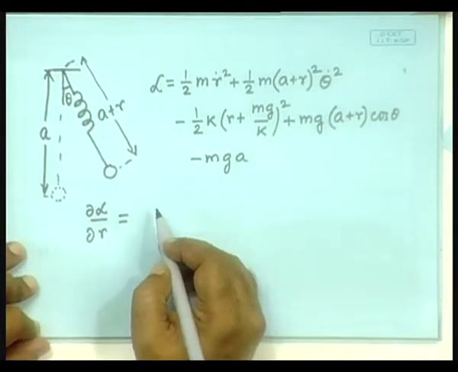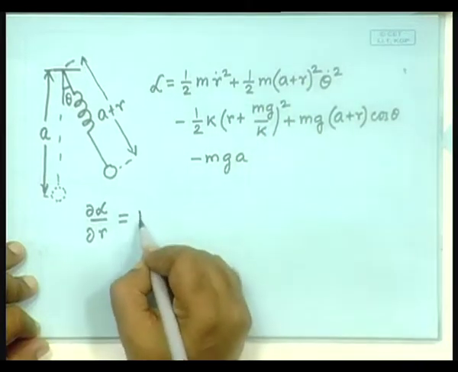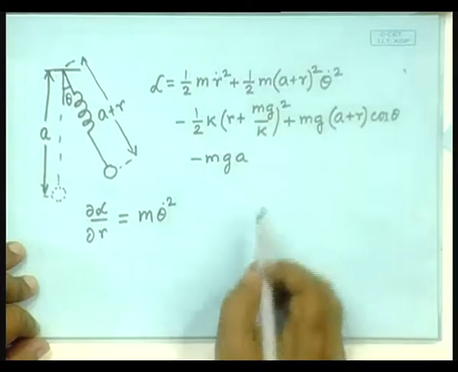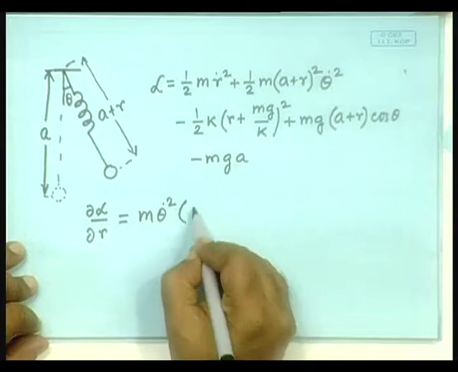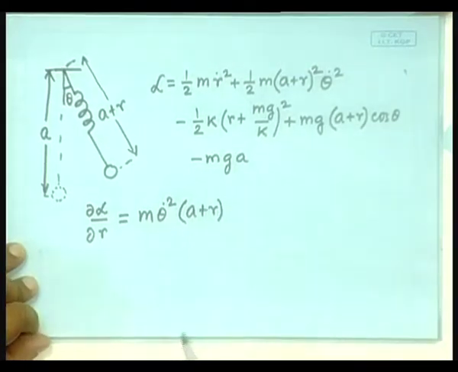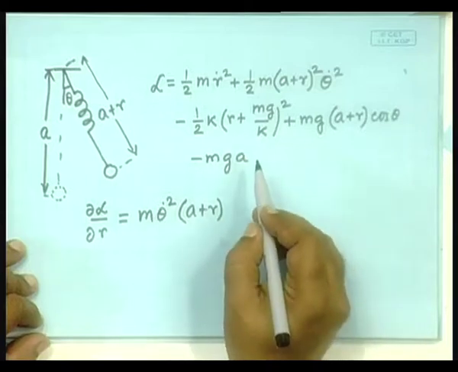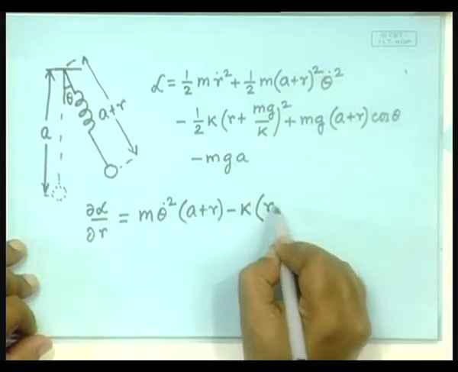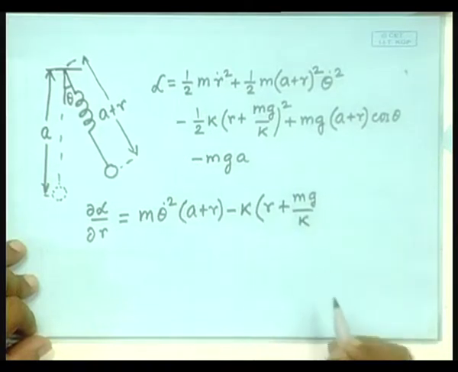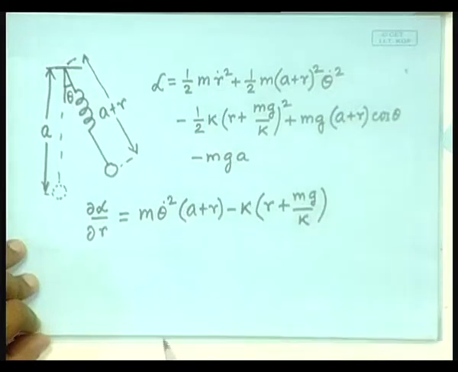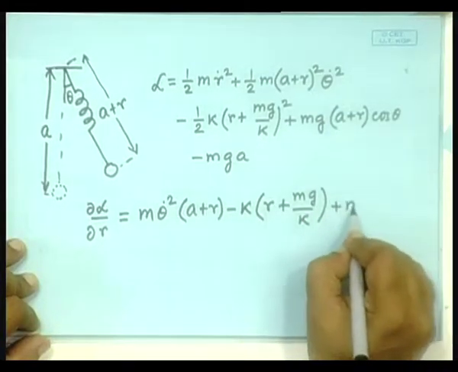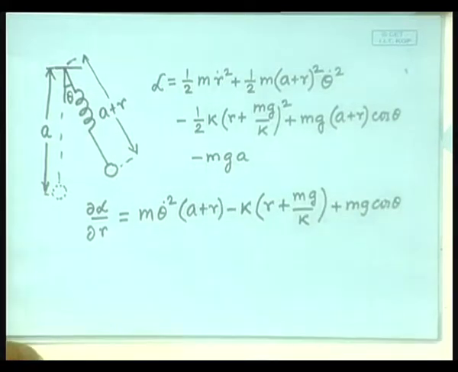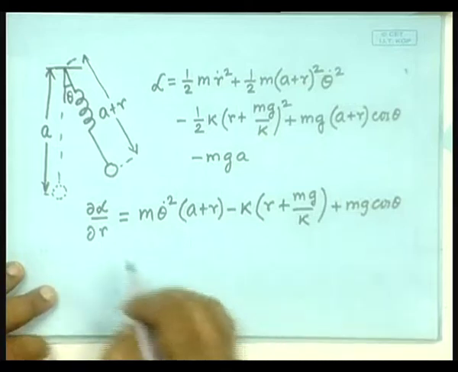You write it carefully. 2 comes forward, so it is m theta dot square (a plus r), then minus k times (r plus m g by k), and then plus m g cos theta. Done. This is with respect to r.